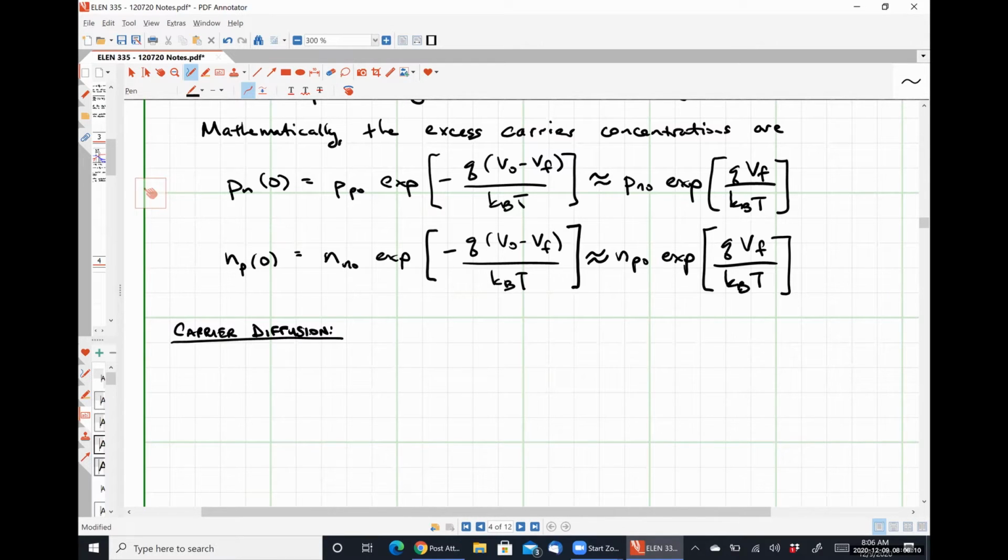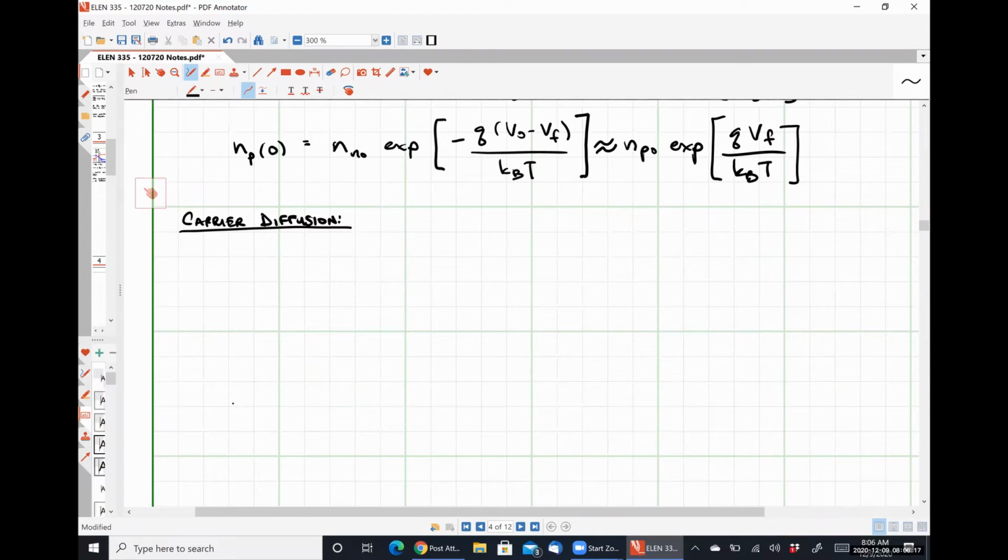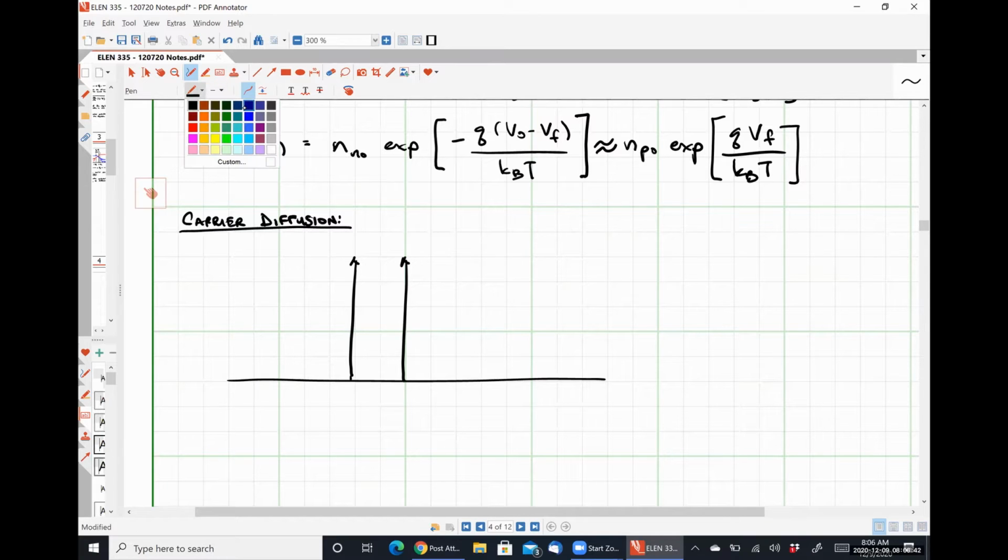I'm going to draw a little picture here real quick, and this is just a zoomed in view of our concentrations at our junction, or at the boundaries of our space charge layer.